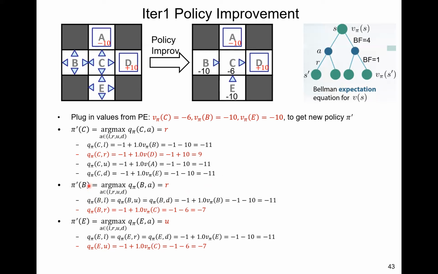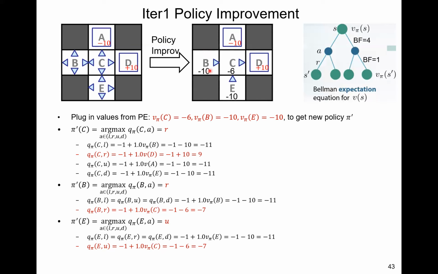So for B, you can look at the 4 actions. Left, up, and down, you get back to state B, you cannot move. It's blocked in the 3 directions. So the Q pi B is equal to -11 for the 3 actions.